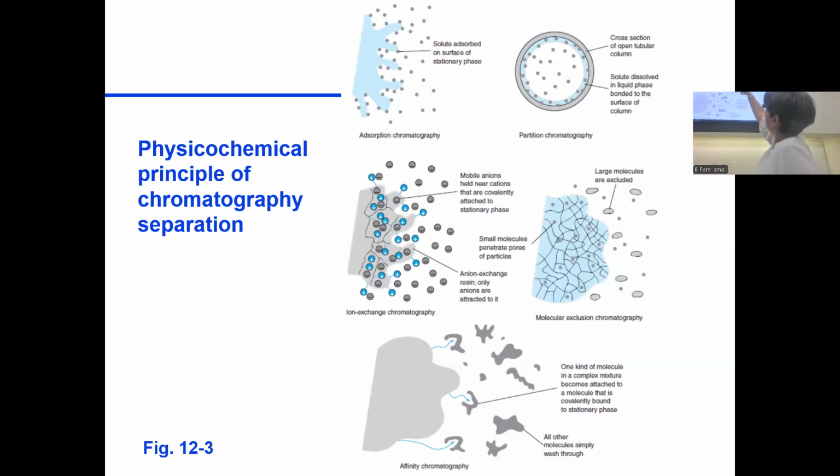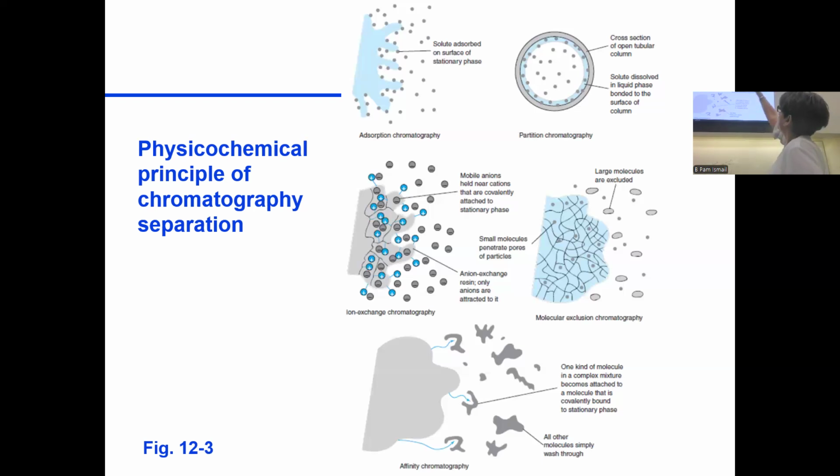The first one is adsorption, and there are multiple forms of adsorption chromatography. You have simple interaction by polarity, or you have interaction by charge, ionic interactions, or you have interaction by affinity, very, very specific, like lock and key, very specific form of interaction. And then you have the partition chromatography.